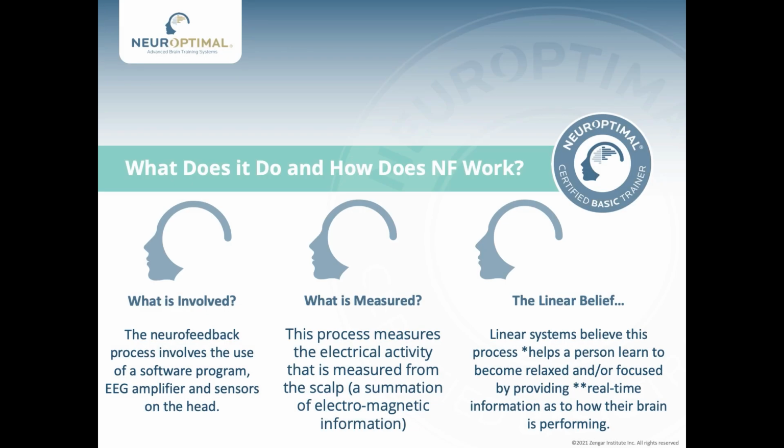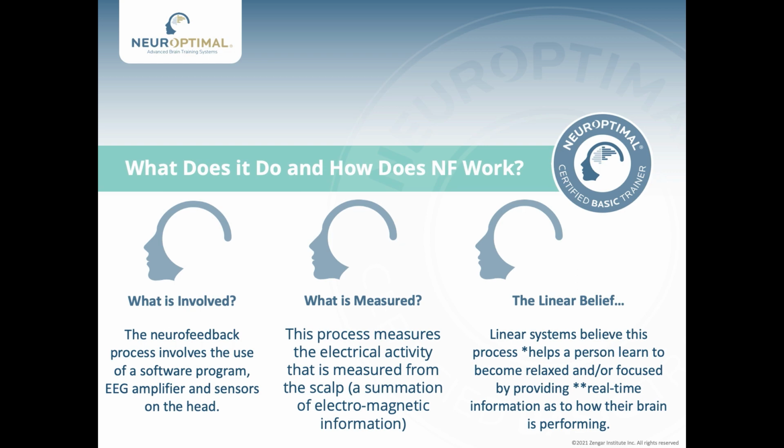So both processes, the linear and the dynamical, have a few things in common. One of those is they're both called neurofeedback. They both have a software program. Another one is they both use an amplifier to measure that EEG.